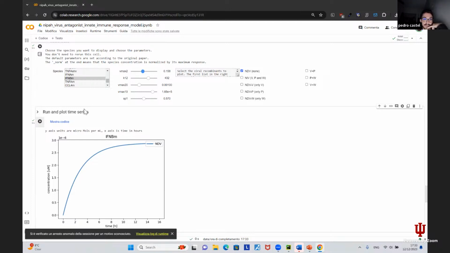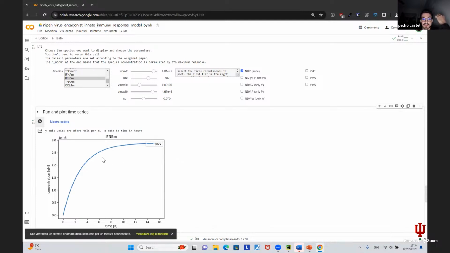And if I change here, you see that there's like no change at all. I mean, I'm changing multiple orders of magnitude here, and I see no appreciable effect on the levels of interferon beta mRNA.